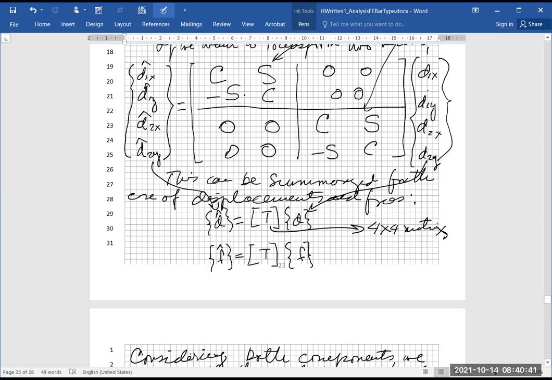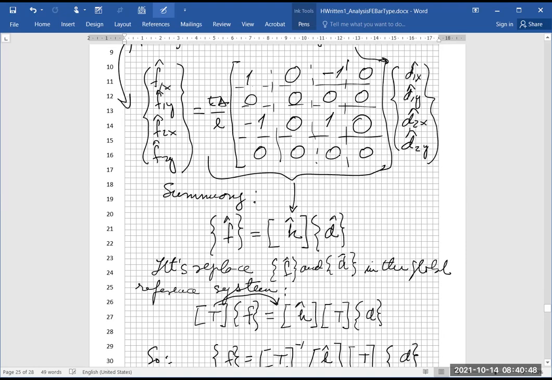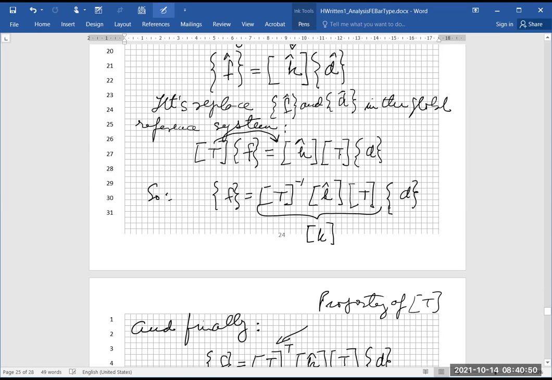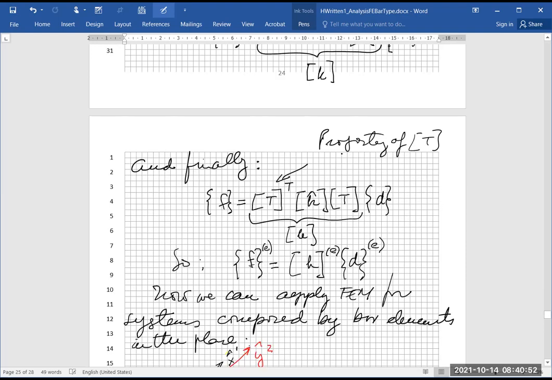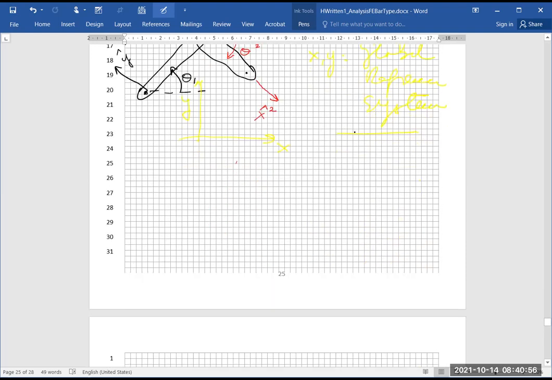Here, this is the T. So we could develop this procedure, T transpose K T. This is a long expression, but we could try to complete this deduction. So we can say, developing.